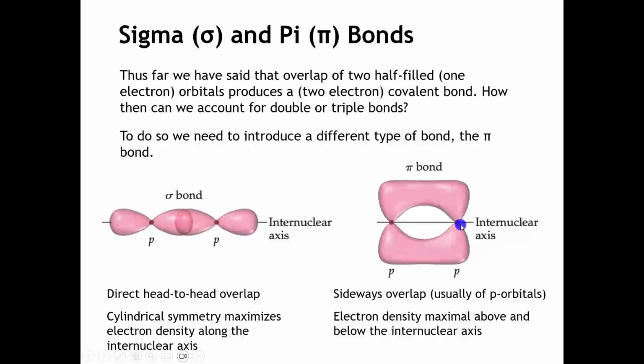We don't have any electron density on the line between the two nuclei, but we do get this overlap to form a bond above and below the internuclear axis. That's what we call a pi bond. And when we have multiple bonds, we're going to see that we have both sigma and pi bonds present.